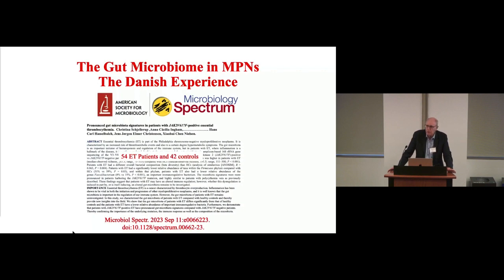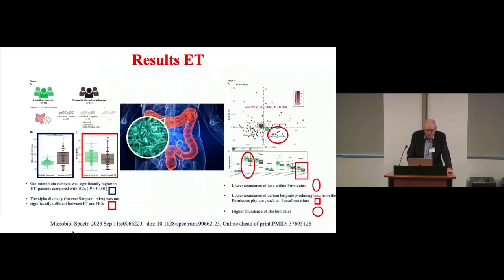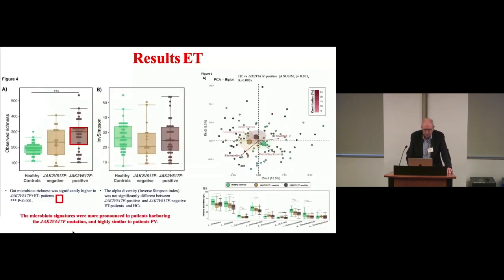And just to tell you the story, it is very similar to the PV patients. Actually, what we found here is that it is the JAK2 mutation that drives the abnormal microbiome, whereas those patients carrying the CALR mutation are more near normal.